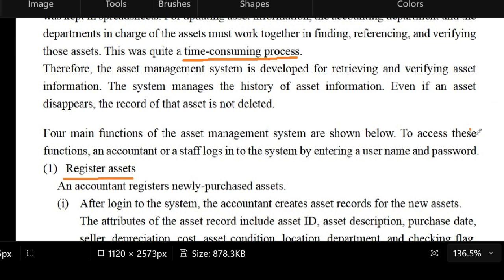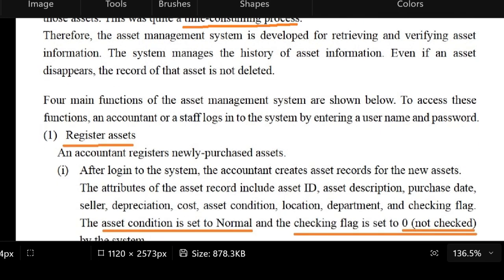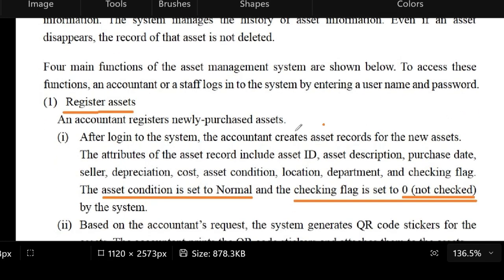Now, based on the following description, there are four main functions of this asset management system.